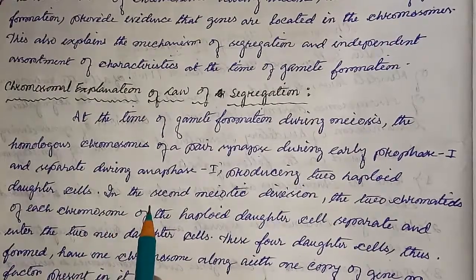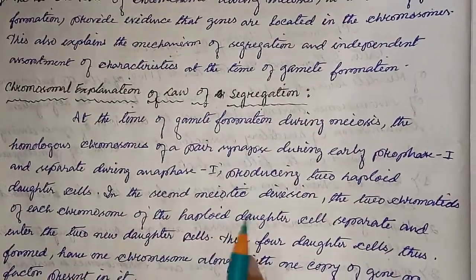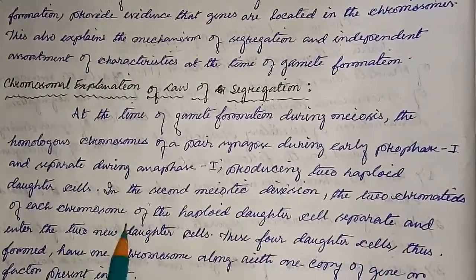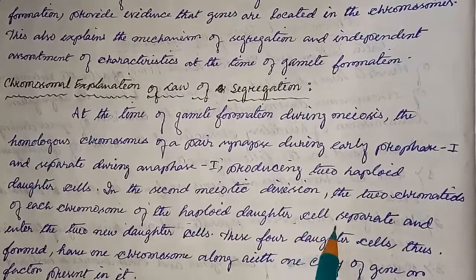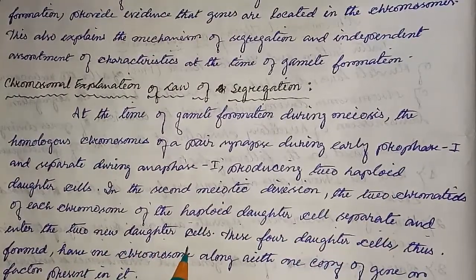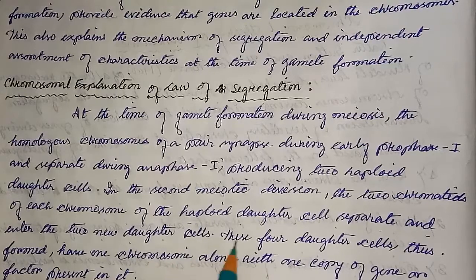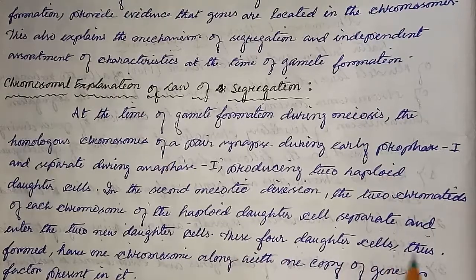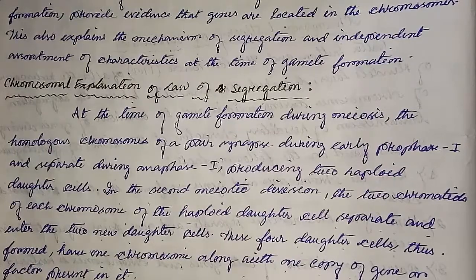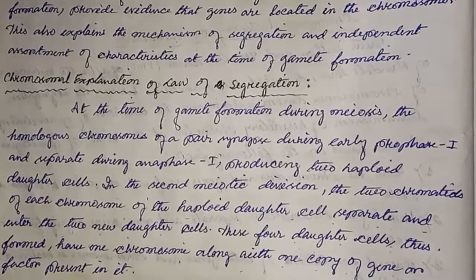In the second meiotic division, the two chromatids of each chromosome of the haploid daughter cell separate and enter the two new daughter cells. These four daughter cells thus formed have one chromosome along with one copy of the gene or factor present in it.